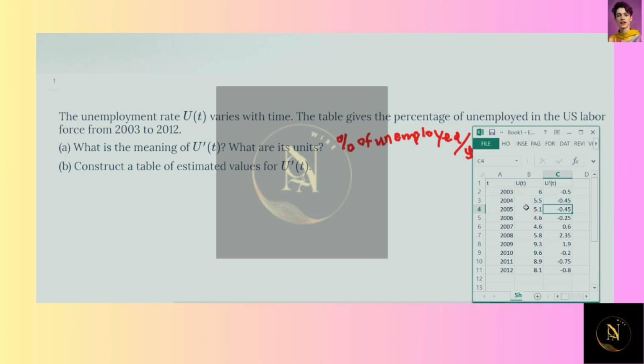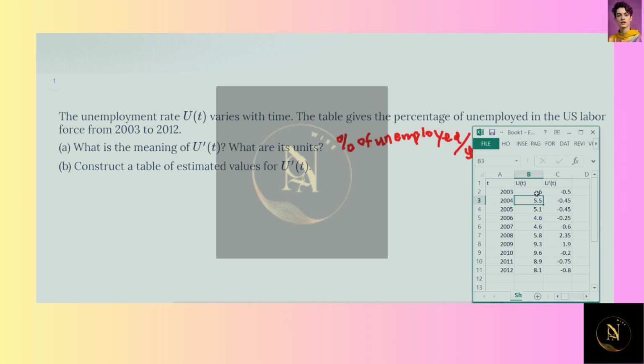So essentially, we're going to have the next year minus the first year, the change in the unemployment rate divided by 1 year, and that's one average rate of change.